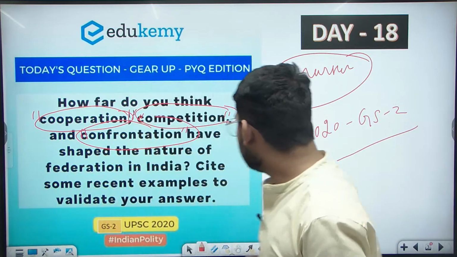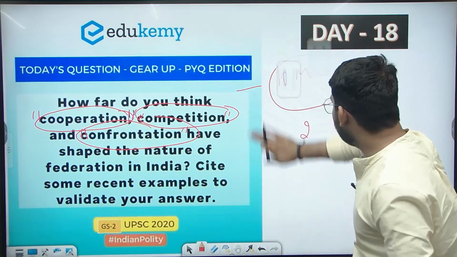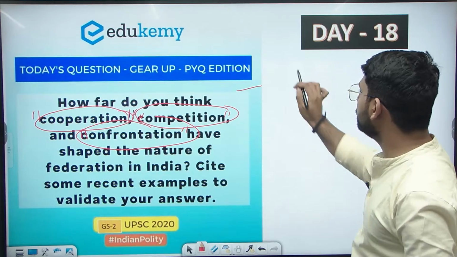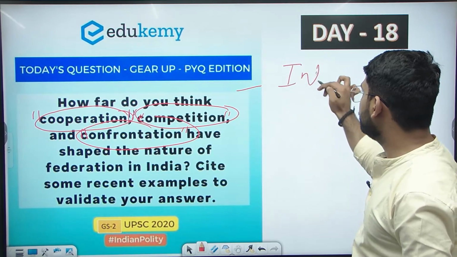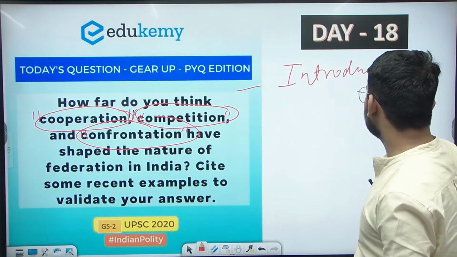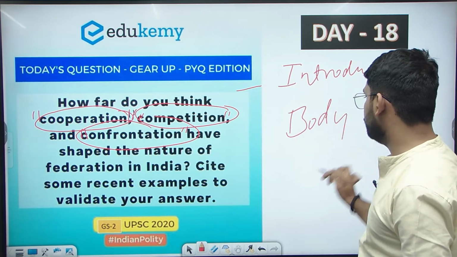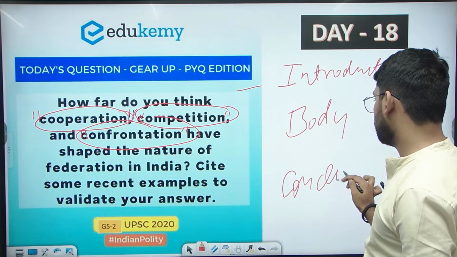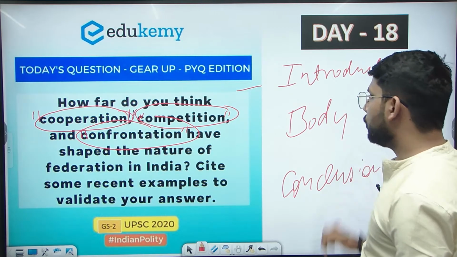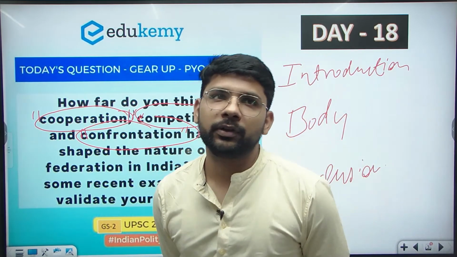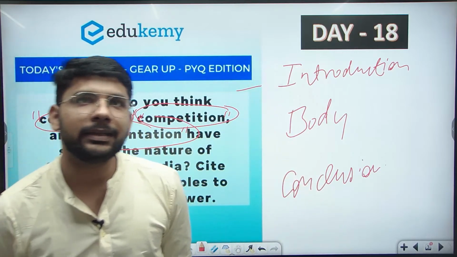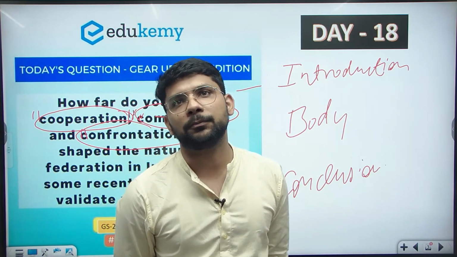We can divide the question into three parts, as usual: introduction, body and conclusion. So what can we write in the introduction?